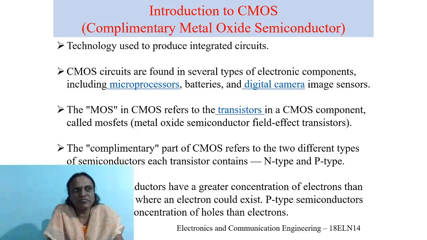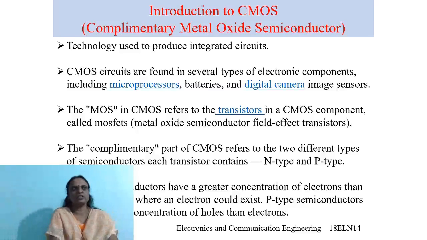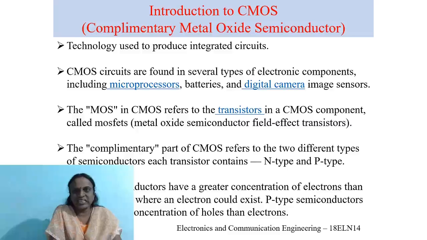CMOS circuits are found in several types of electronic components, including microprocessors, batteries, digital cameras, and image sensors. The MOS, that is metal oxide semiconductor, present in CMOS refers to the transistors in the CMOS component called MOSFET.